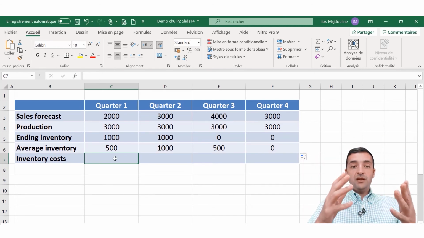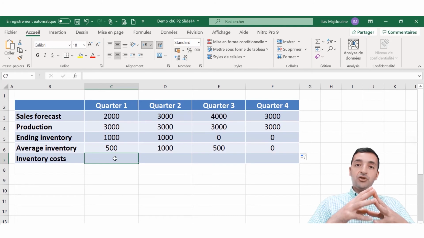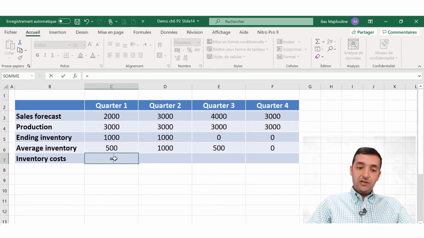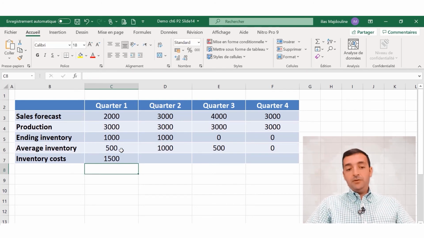In the data of the exercise, we have supposed that each unit inventory cost is $3. So we take this number of average inventory, we multiply it by $3, and we get the inventory costs.